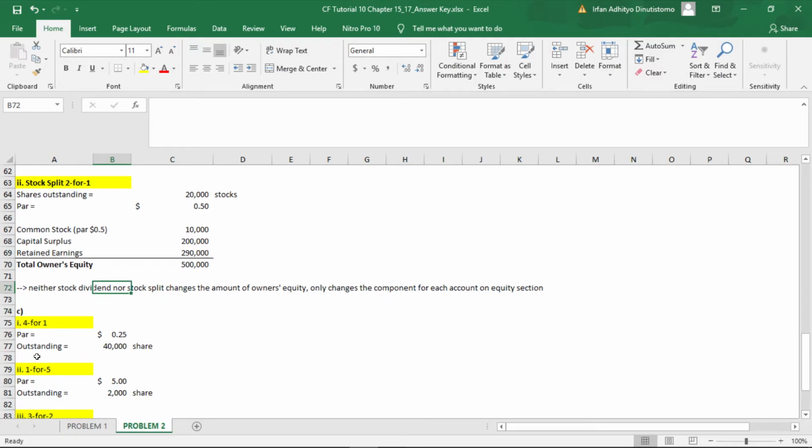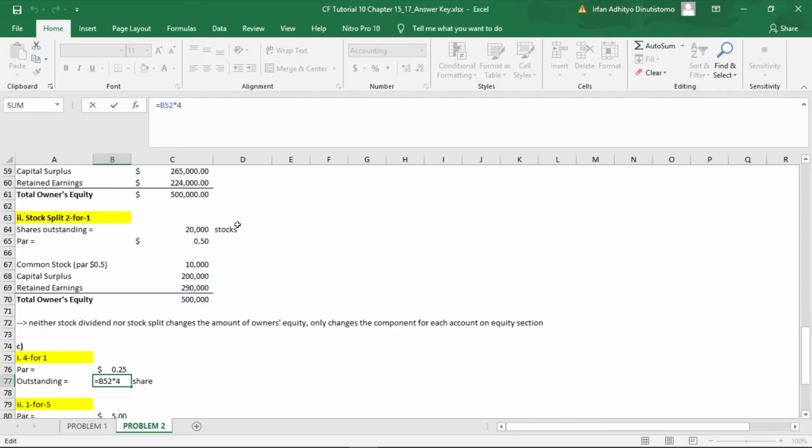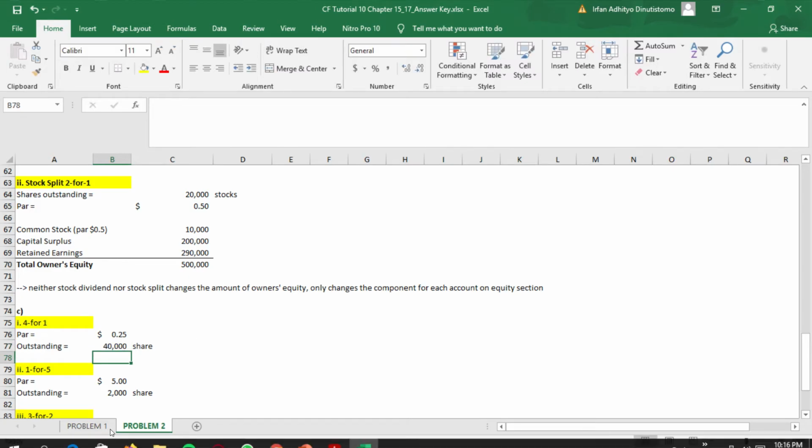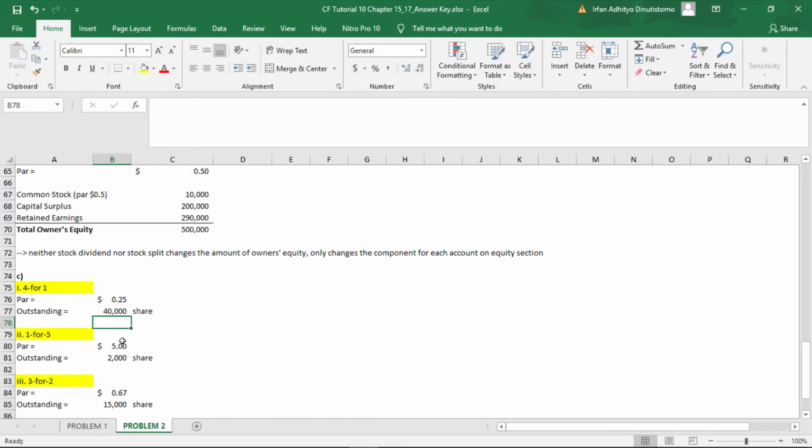In the first scenario, if the company made a stock split of 4-for-1, the par will be split into a quarter, and the outstanding shares will go 4 times higher into 40,000 shares. You see right here. So there's a relatively easy logic to follow. The second scenario is if the company wanted to stock split 1-for-5.